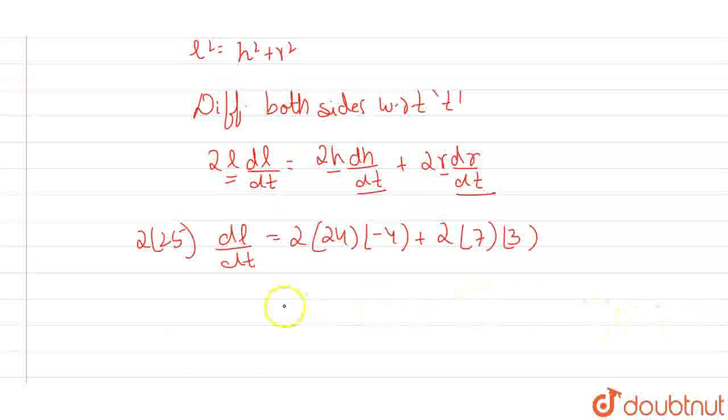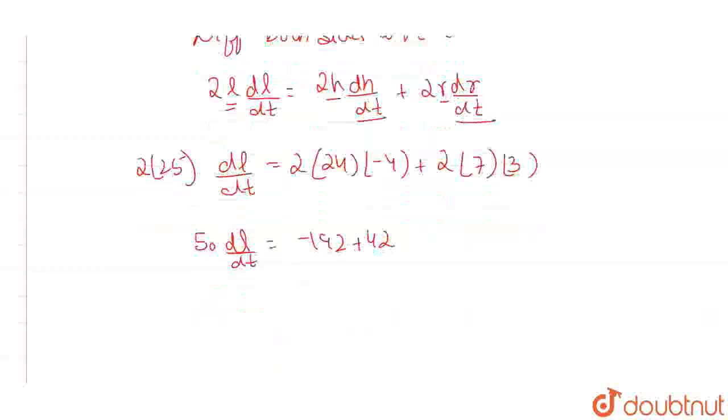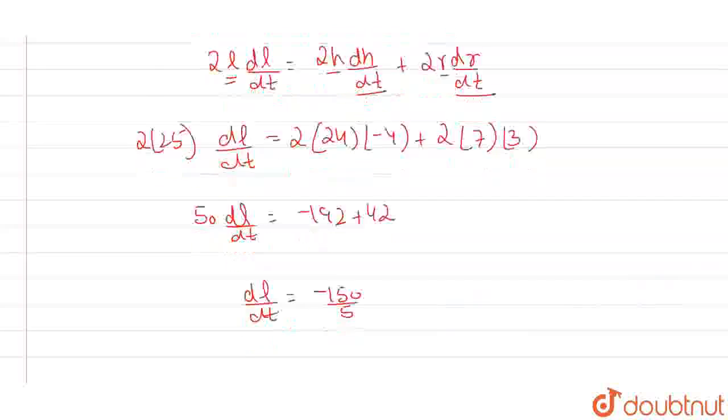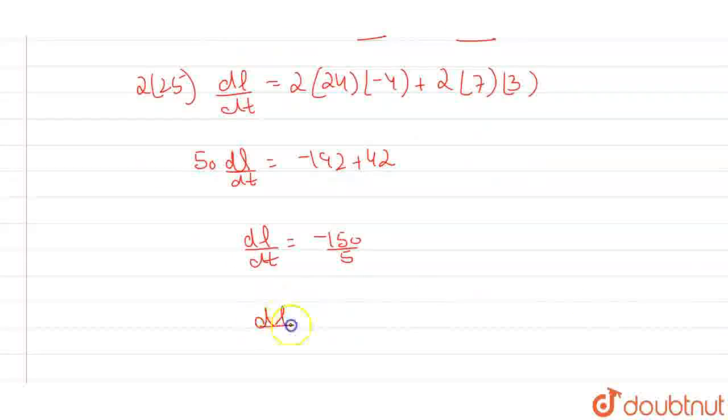So this will become 50 dl by dt equals minus of 192 plus 42. So dl by dt will be minus of 150 by 50. Therefore dl by dt is minus 3 centimeter per minute.